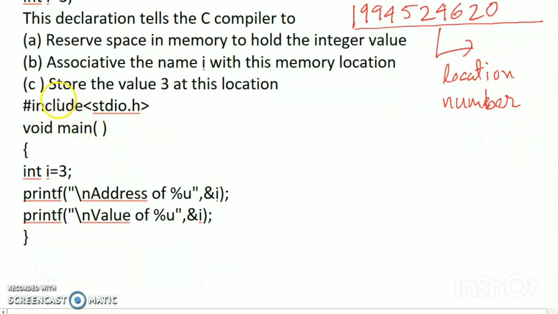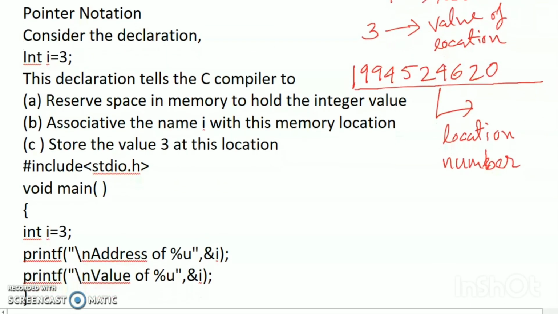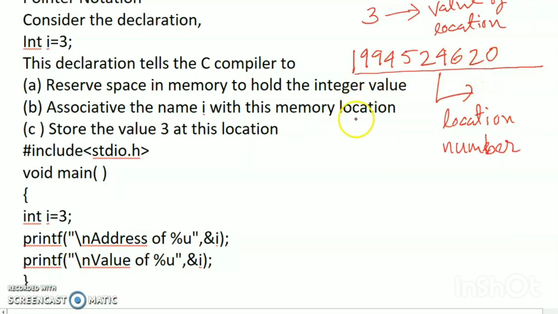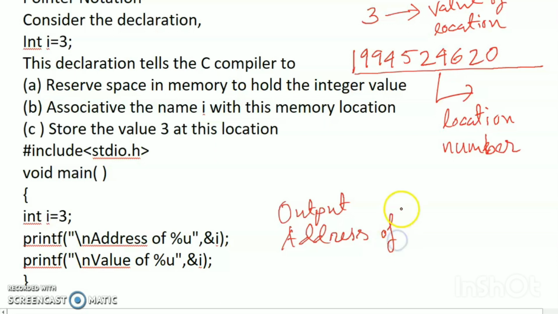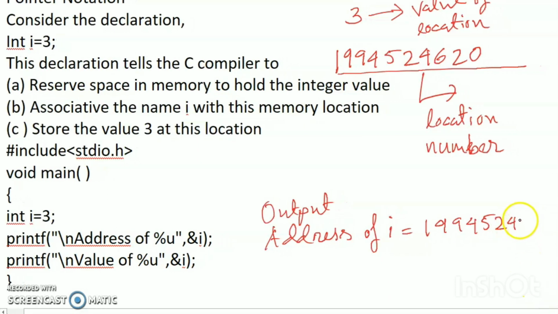I have already written this program, and you will get the output location number in my output: address of i equals 19945244620, and value of i equals 3.